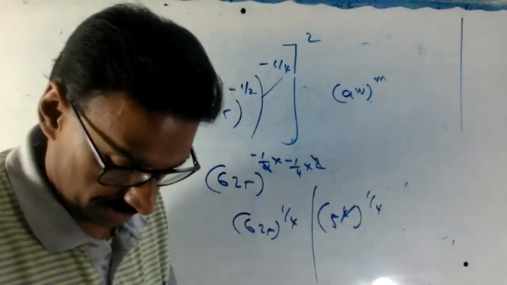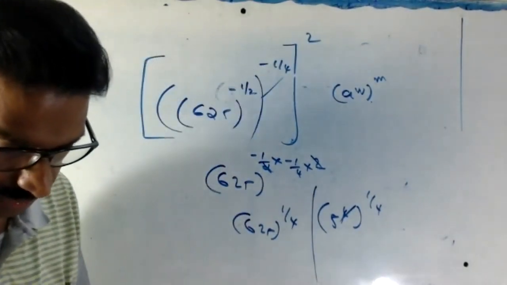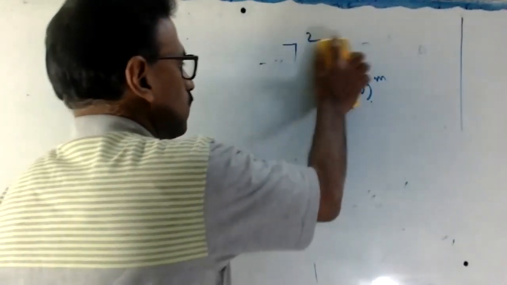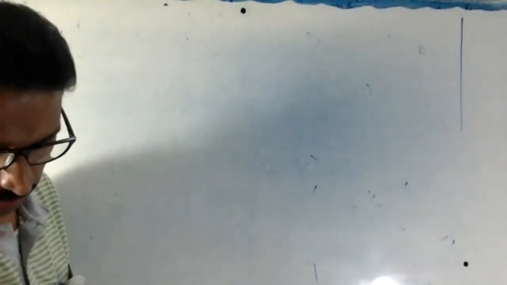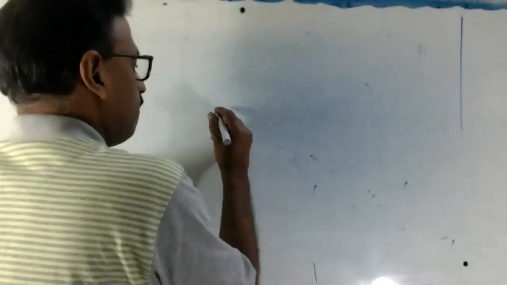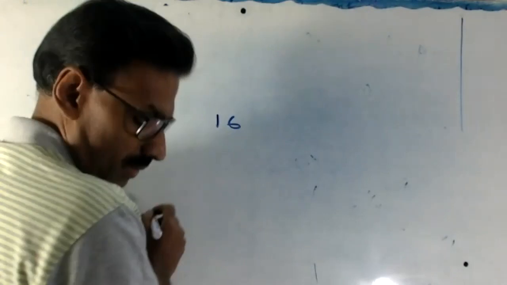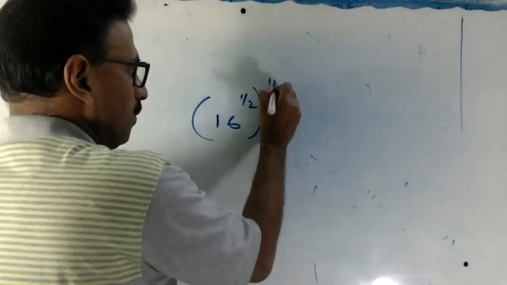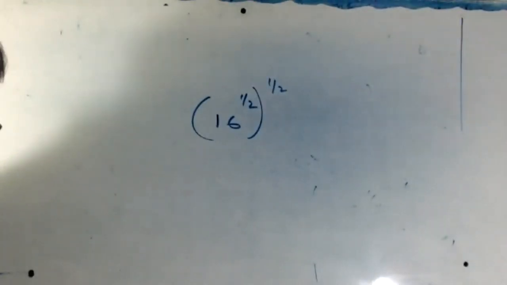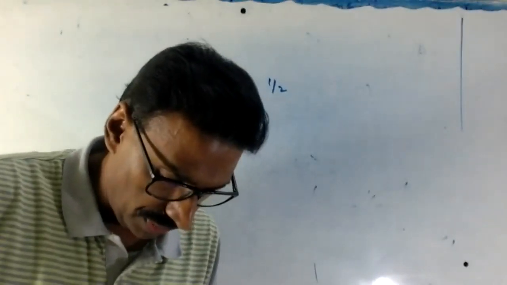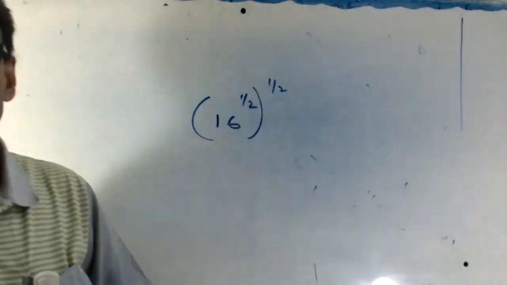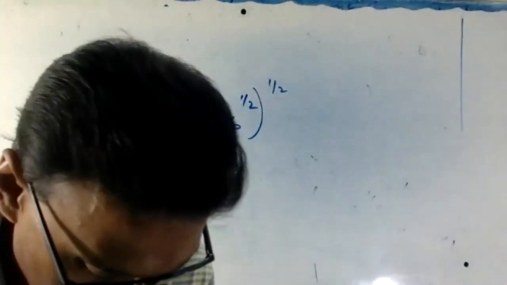So next question. 16 raised to 1 by 2, whole raised to 1 by 2. Same idea you can apply here.